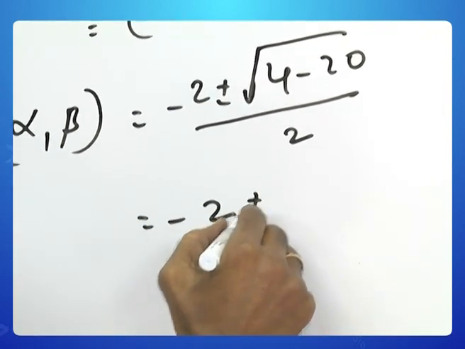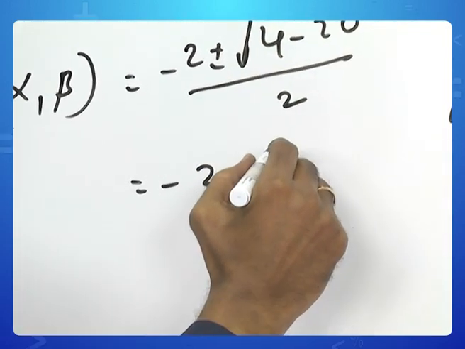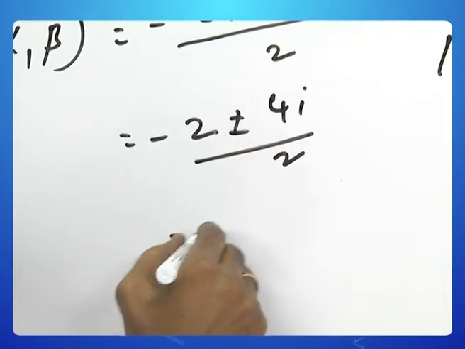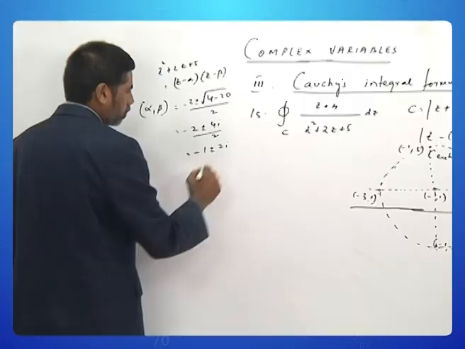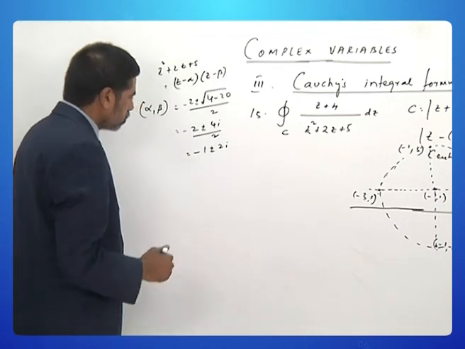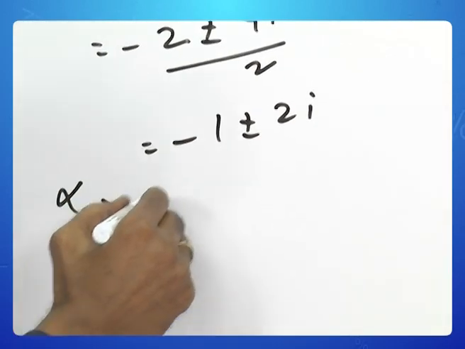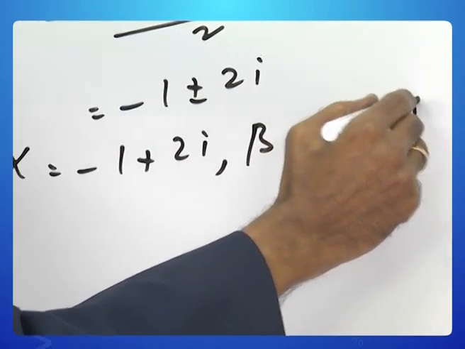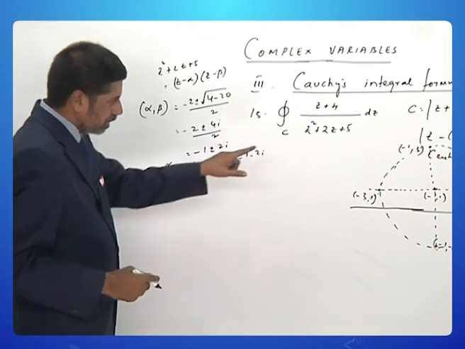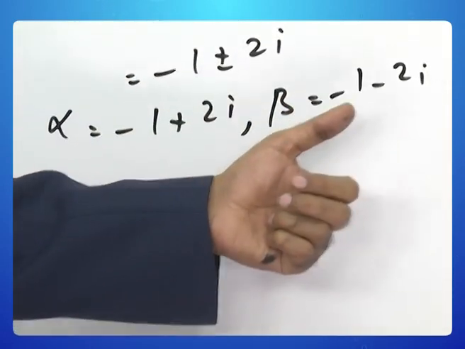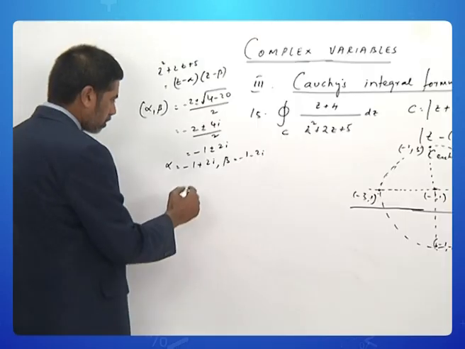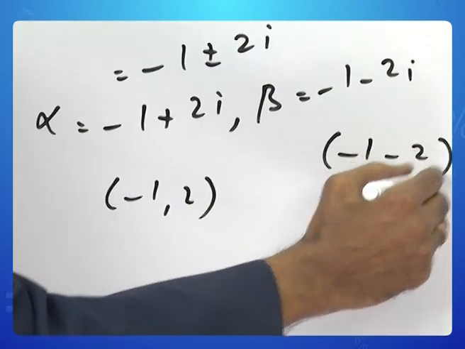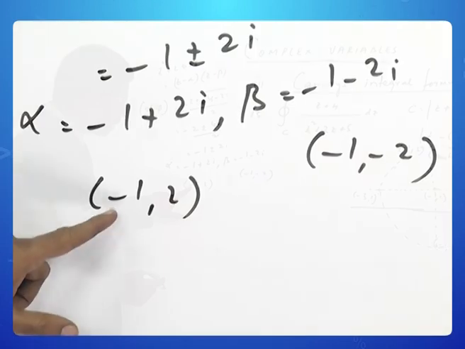So this is -2 plus or minus 4i by 2, so -1 plus or minus 2i. So we can say alpha is -1 plus 2i, beta is -1 minus 2i. Now you'll have to go to the contour and see whether these singularities lie inside the contour or not. So this written simply is -1, 2. This is -1, -2.